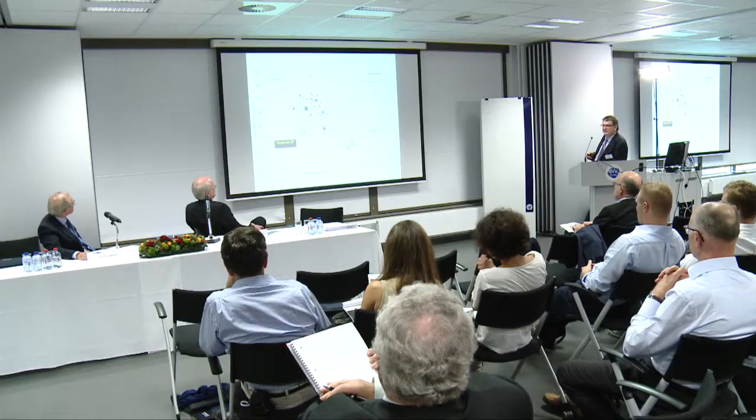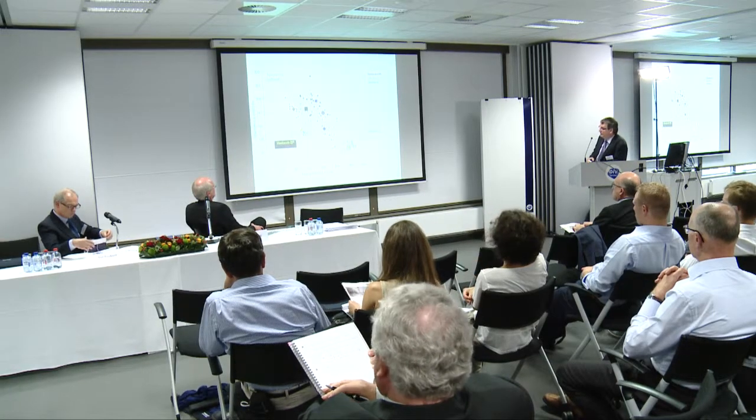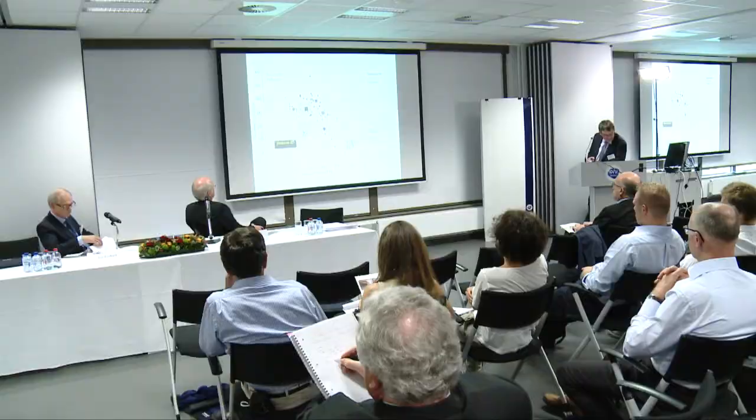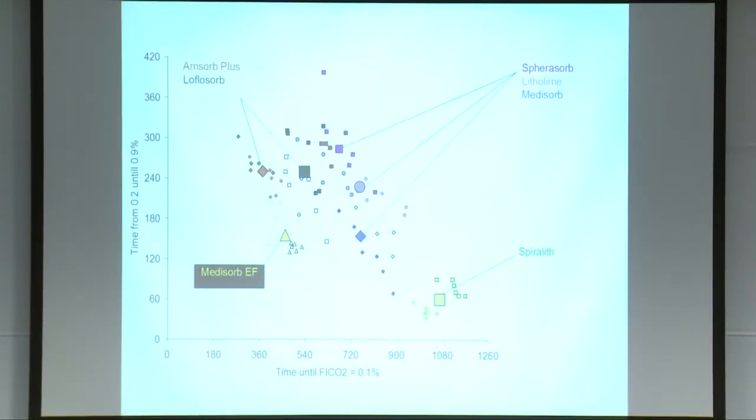This is a graph I really like. I'm presenting the same results in an entirely different manner. And let me start arbitrarily, purely for didactical reasons. I'm going to look at this one here. This is the Spiralit. And here you can see the 6 canisters of one lot, the 6 canisters of the other lot, and this big mark is actually the average of all these.